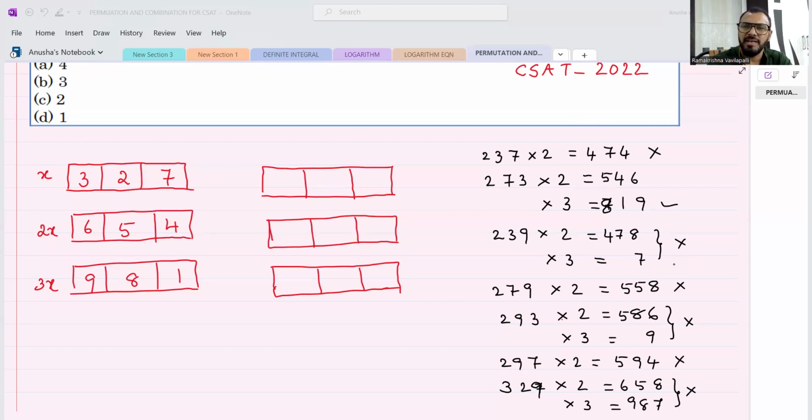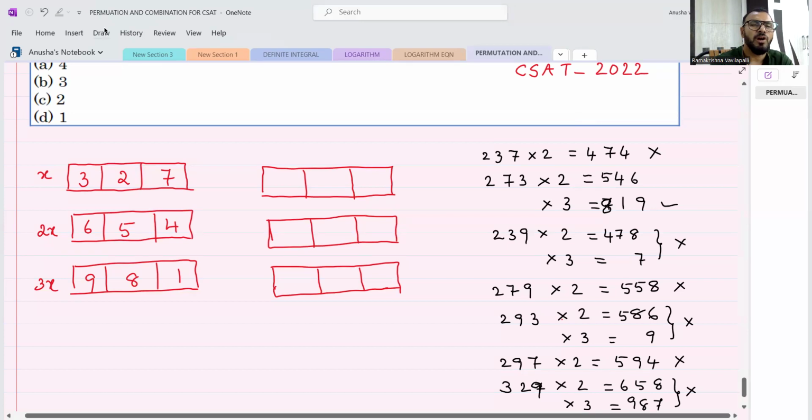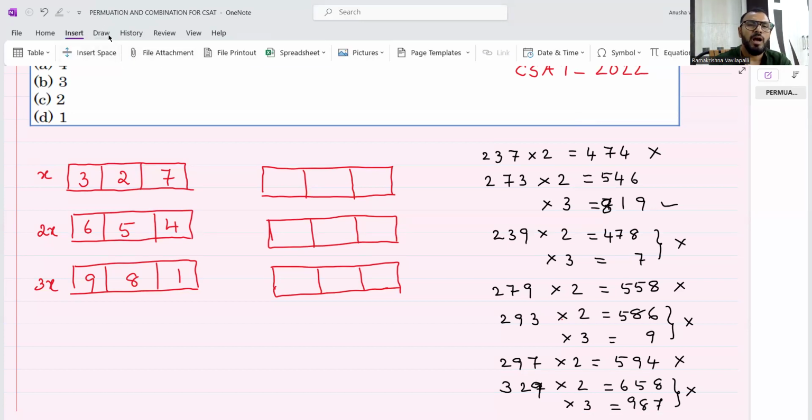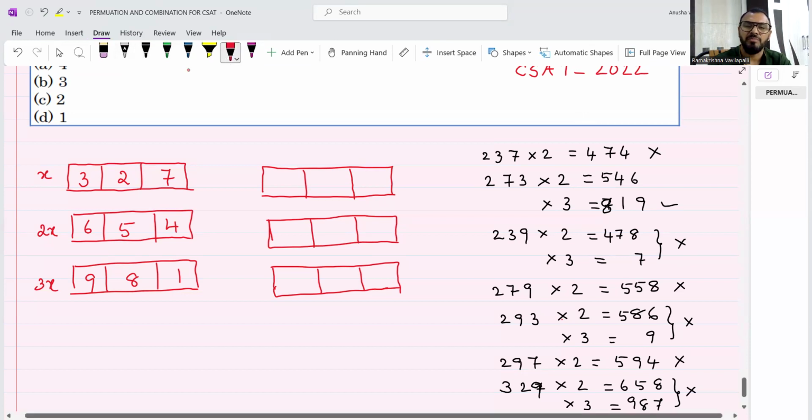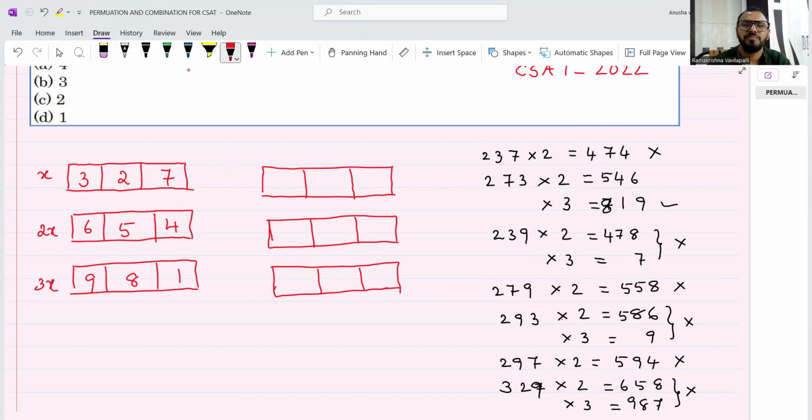Now 9 is eliminated from the first place. Now the first digit of the 3-digit number can be either 2 or 3 or 7. First, I have listed out all the possible cases. Of course, this question is very difficult because in that exam we cannot list out all these possibilities, but still this logic can be applied somewhere else.